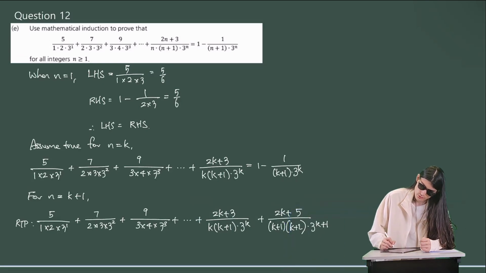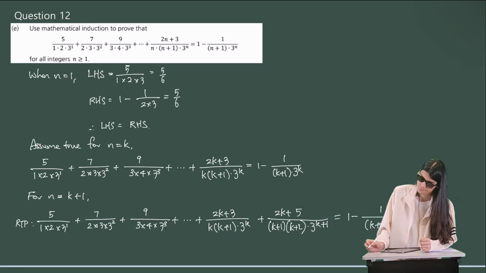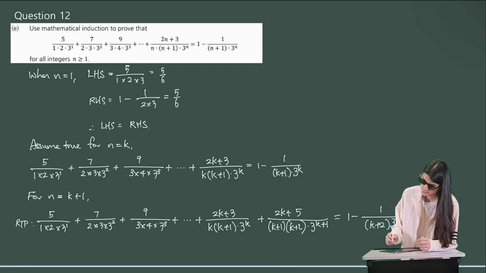We are required to show that this is equal to 1 minus 1 over k plus 2 multiplied by 3 to the power of k plus 1. Okay?